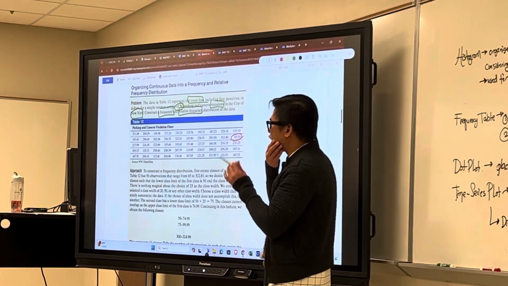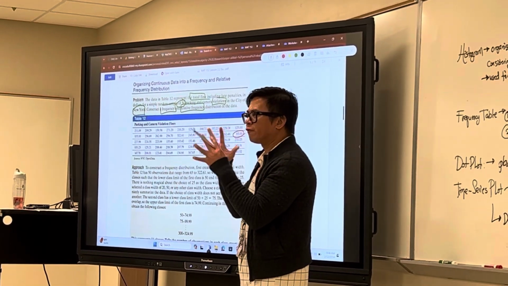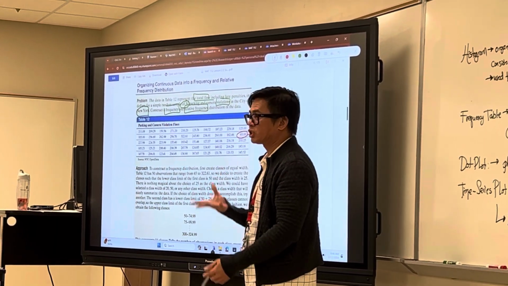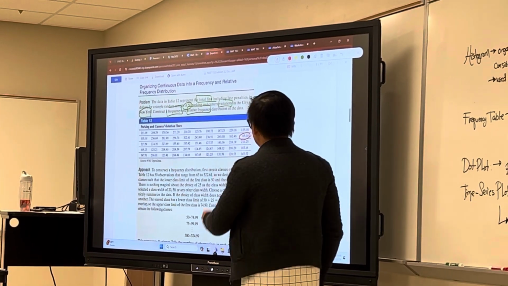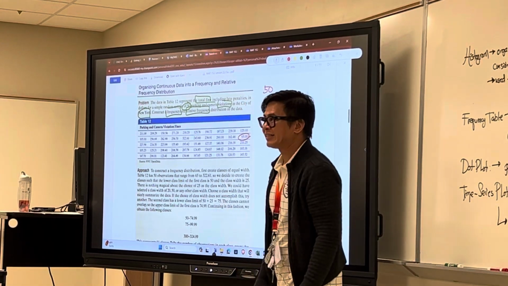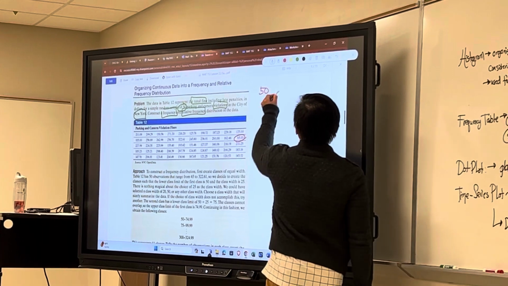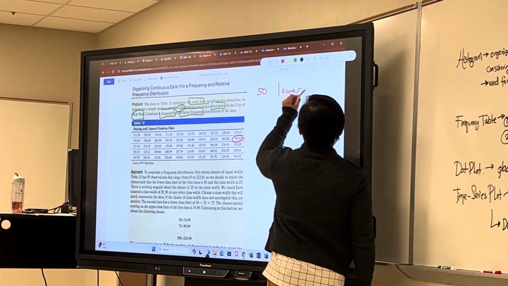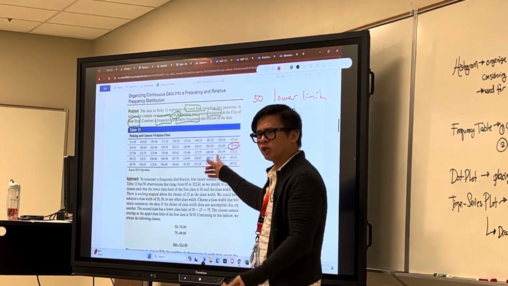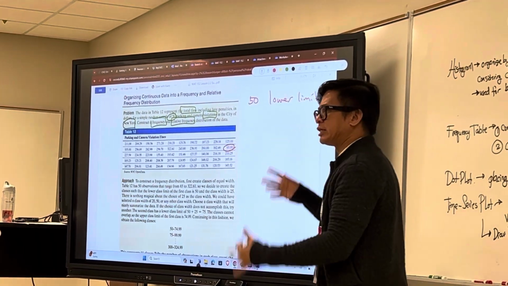So typically you would start with a friendlier value, like a 0, a 25, a 50, by 10s, by 60s. So with that, they chose that the lower class limit is 50, a friendlier value, including that 65, okay?